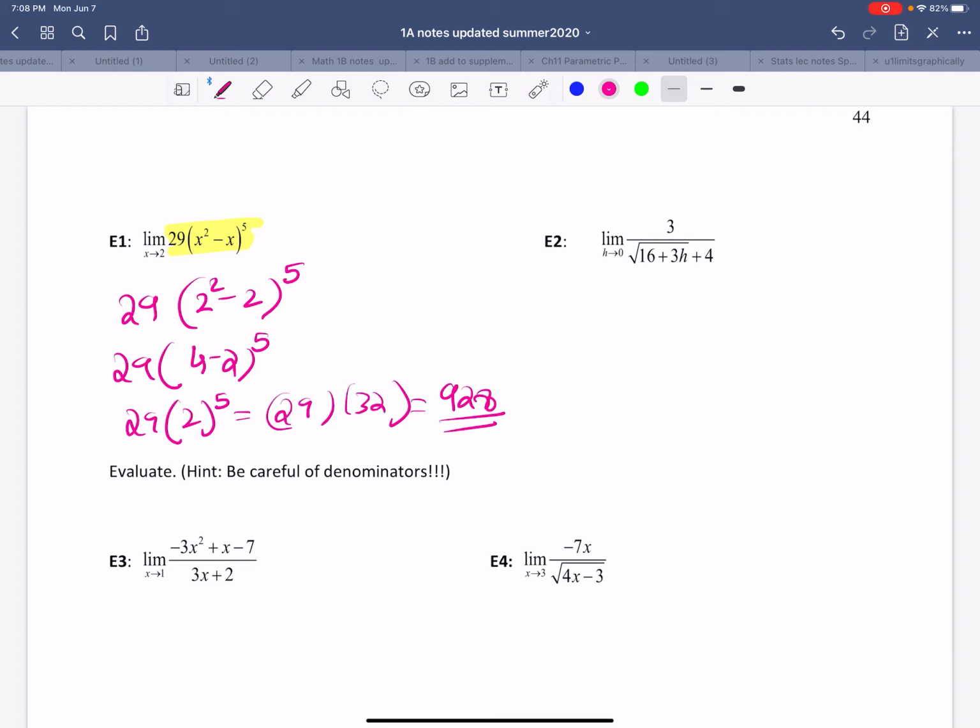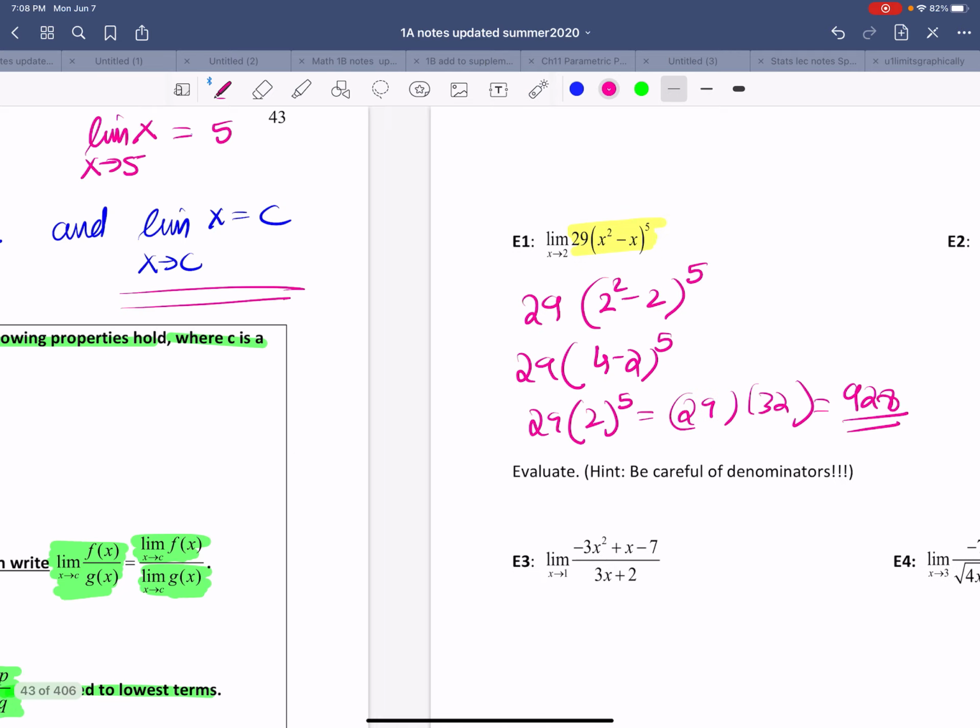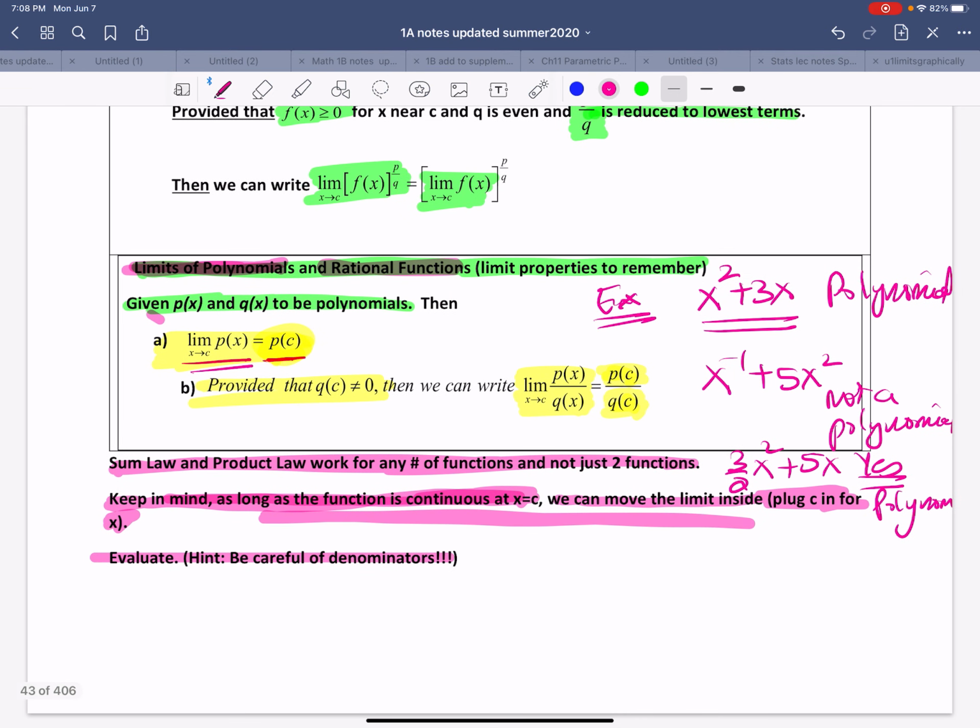In the second example, first of all, if I replace h by 0, I don't get 0 in the denominator, so the function is continuous. If you look at the previous law we just talked about, as long as q of c is not equal to 0, we can just replace the x's by c's.